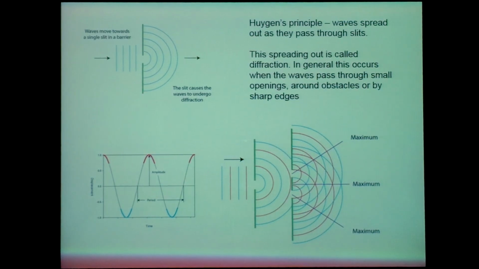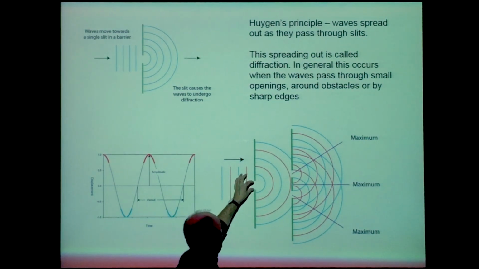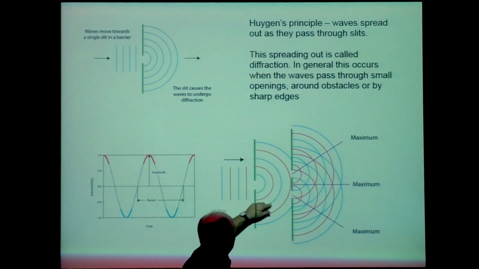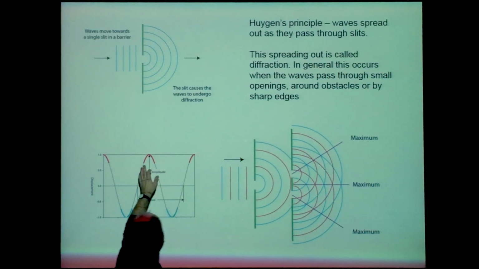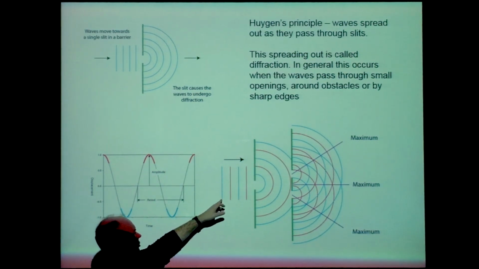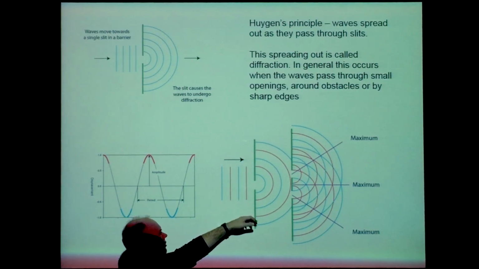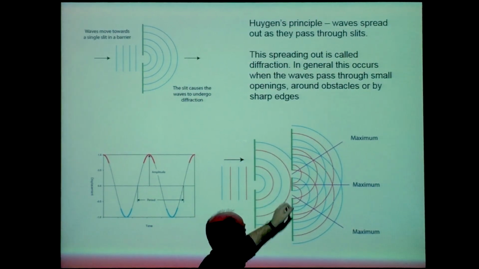Why is this important to diffraction? Well, this is Huygens' principle. Waves spread out as they pass through slits. So if you imagine a wave coming through here, there's a slit, these waves that are formed, the peaks are in red, the troughs are in blue, so it's low, high, low, high, low, high, low, high.